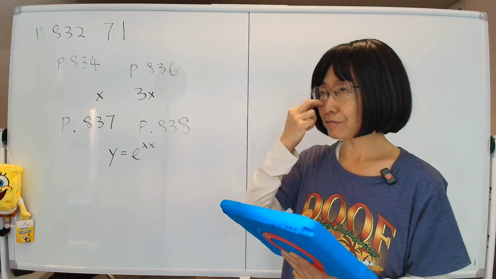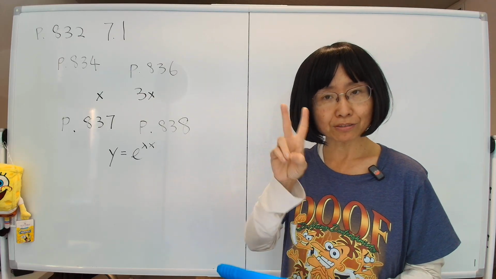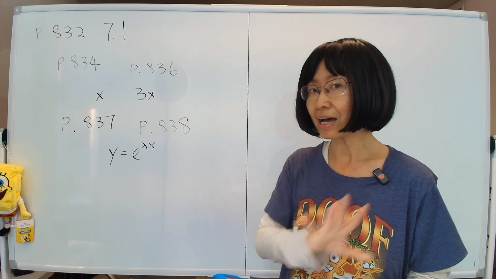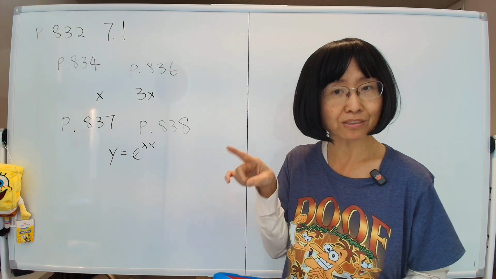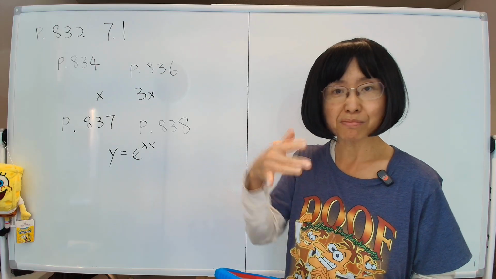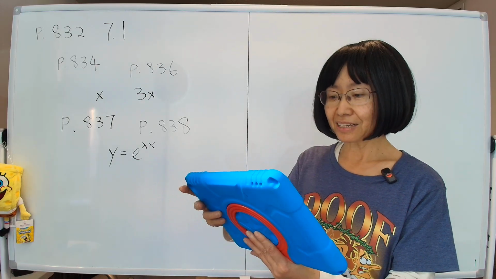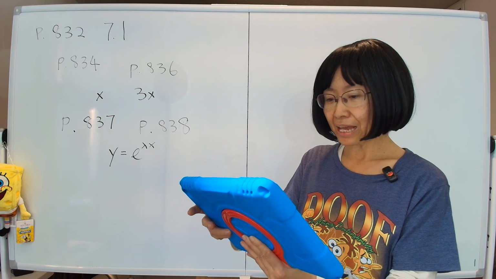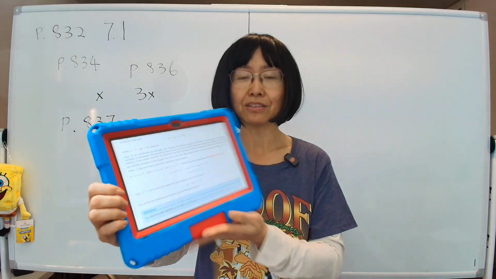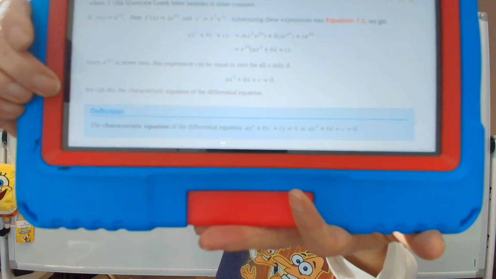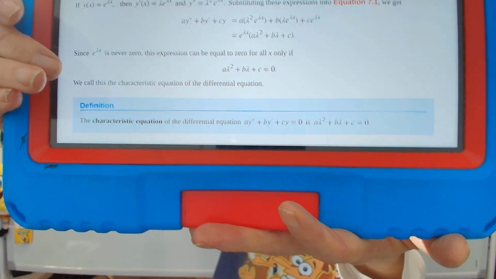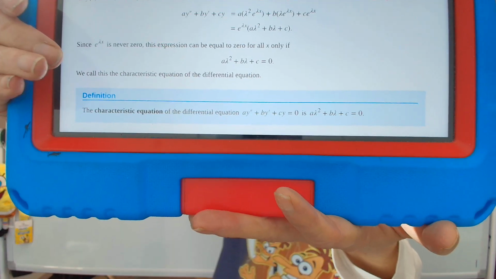And remember that we just mentioned that if you have two independent solutions, that's it. All other solutions are in the form of those two solutions by adding them up and multiplying by some constants. So then we're done. All we have to do is solve for lambda. Lambda is a constant here, by the way. As long as we can figure out what lambda is, we are home free.